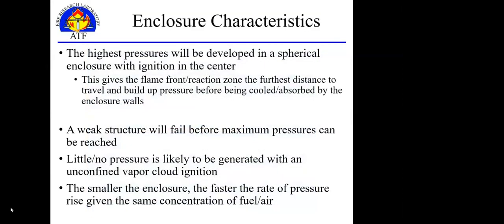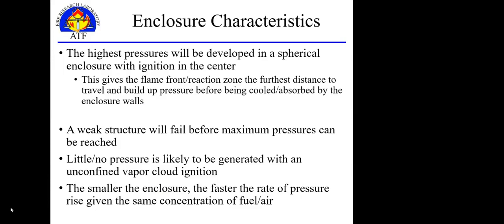So when you have a mixture that ignites, naturally that fireball wants to radiate in all directions and create basically a sphere. But as soon as that sphere starts to hit obstacles, you start to develop turbulence. The obstacles can absorb some of the pressure, and they can absorb some of the heat.